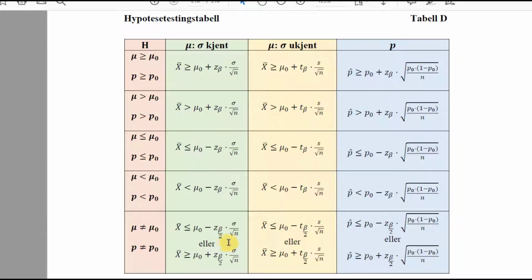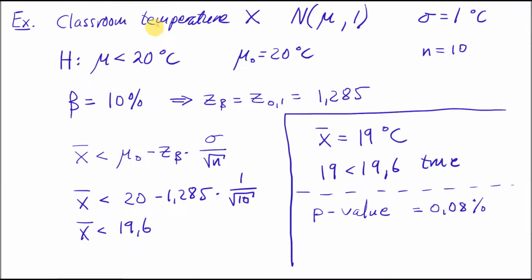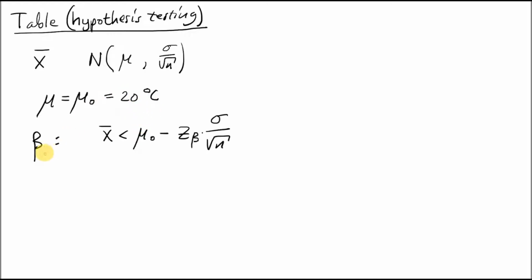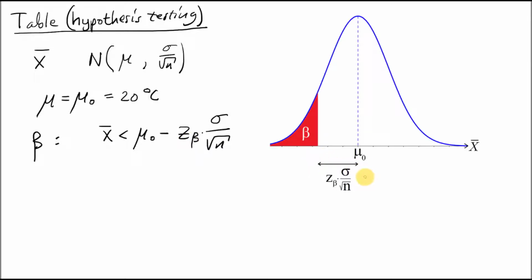Let's briefly sketch the logic behind this table for hypothesis testing. We use the example with the school to explain. If you consider the mean and take it to be normally distributed with expectation mu and standard deviation sigma divided by the square root of n, given that the expectation value is right at the border between warm and cold, that is 20 degrees, then beta is the probability that the mean will get an outcome lower than this, since we have z beta here, which we can see from this figure.